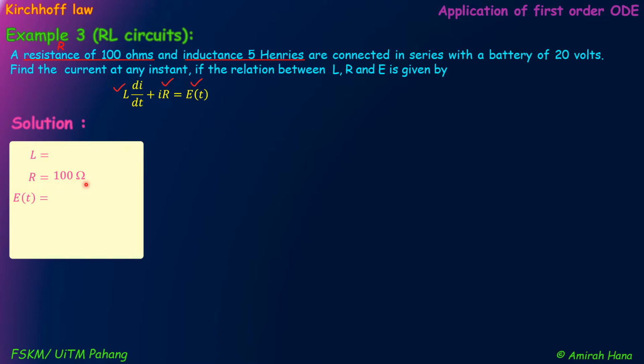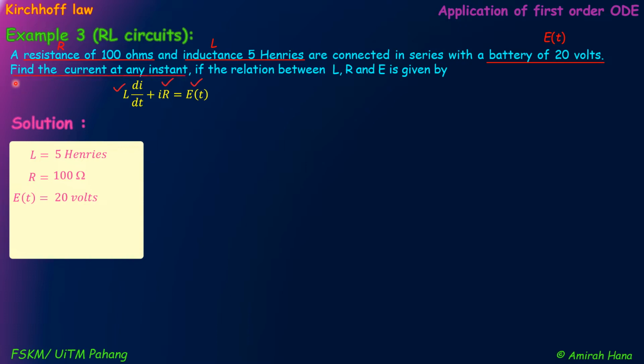And from the word inductance, 5 henries, we can put L equals 5 henries. And then battery of 20 volts, this is E(t), so E(t) equals 20 volts, right?